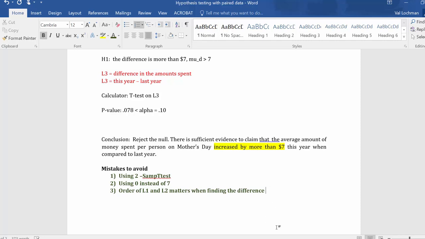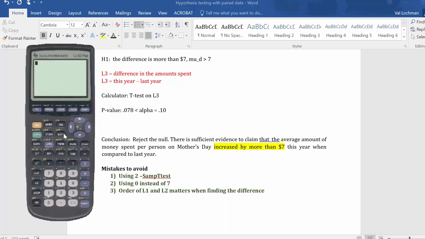And you can actually see real quick. Let's go ahead and run this test with a different order. You'll see what's going to happen. Let's go back to our L3. Okay, let me go back up here and do L1 minus L2 instead.